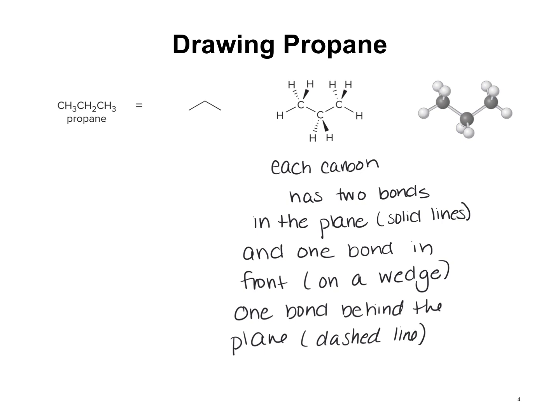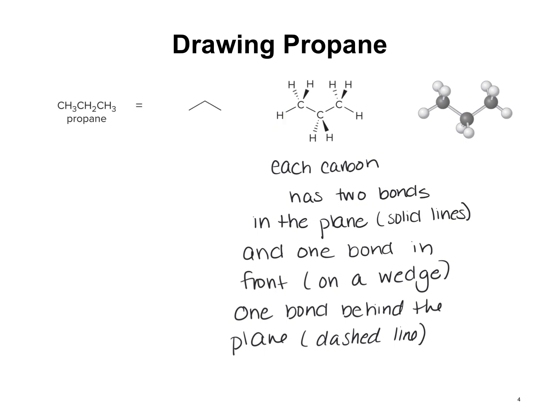And so this helps us visualize that these wedges are coming forward, and these dashes are going backwards. And then these carbons are sitting right here in the plane of the paper or the computer screen.